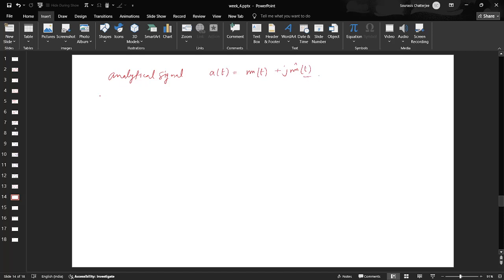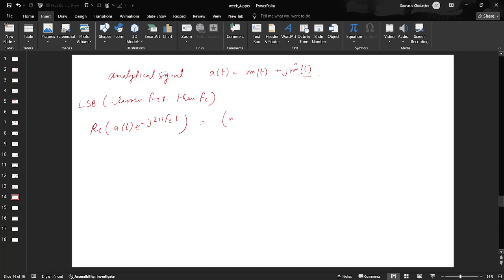Okay. So the lower sideband, since it corresponds to lesser frequency than the carrier frequency fc here, is given as the real part of the analytical signal shifted to baseband. So how can I get it?